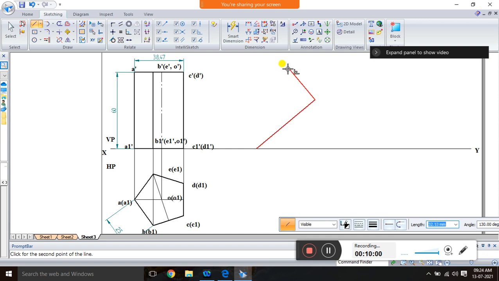So for 40 degree, exactly perpendicular, draw a line, and that line length should be A dash to C dash, and that line length is 38.47, and place it. Similarly, draw a parallel line, and it's also the same 60 mm, and finally join. So here it is a direct method.